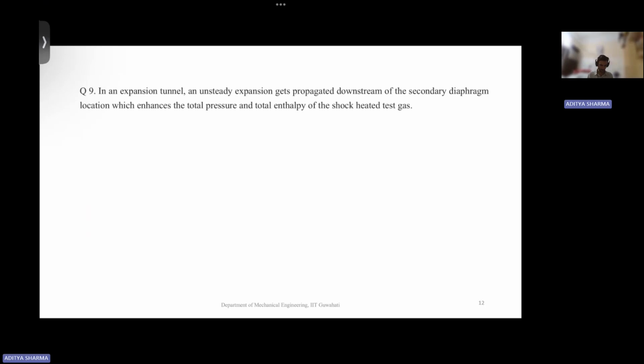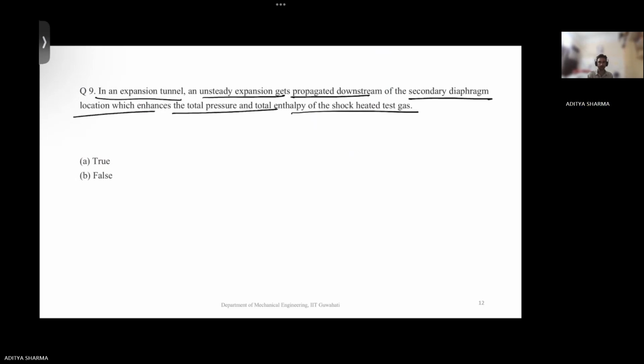Then question number 9. In an expansion tunnel, an unsteady expansion gets propagated downstream of the secondary diaphragm location, which enhances the total enthalpy and total pressure of the shock heated test gas. Whether this is correct or not.